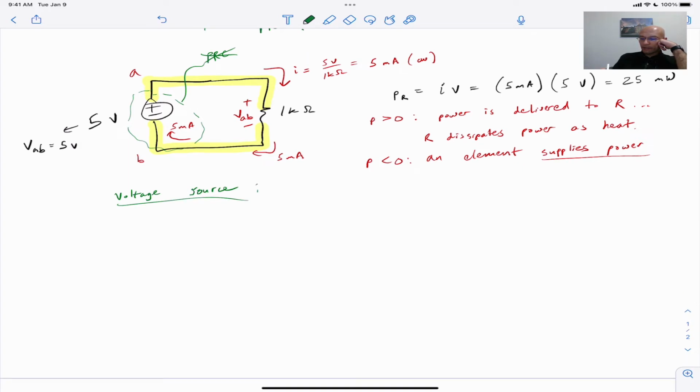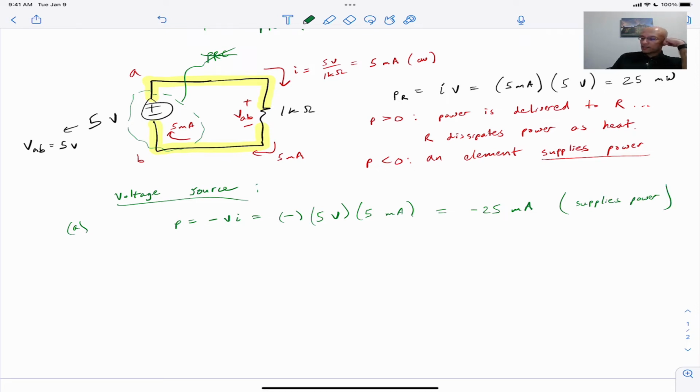Here, we have to use P equals negative VI. This is method A, where we just use the negative sign. So we have a negative, and then V is 5 volts, and I is 5 milliamps. So now we have negative 25 milliwatts. So that means that the voltage source supplies power.